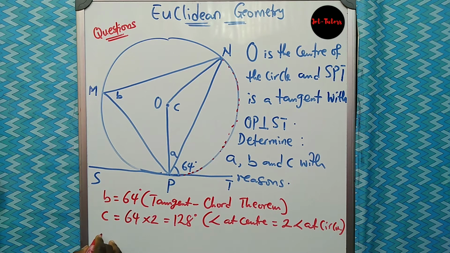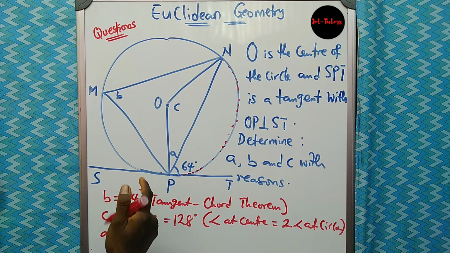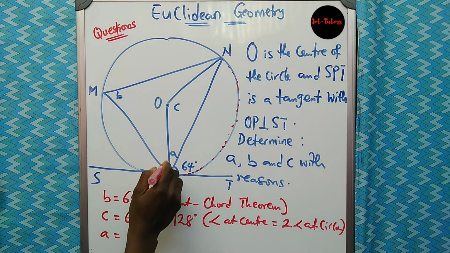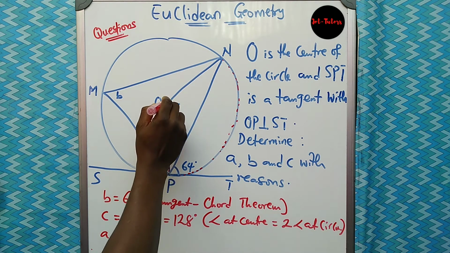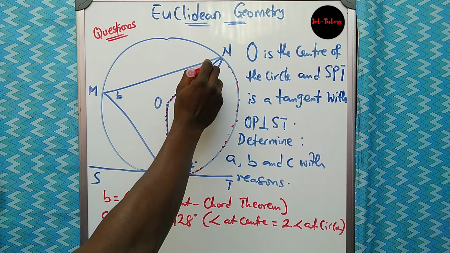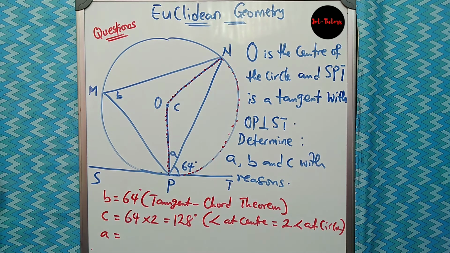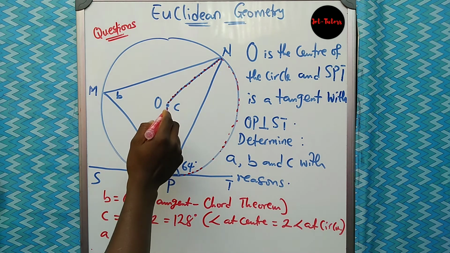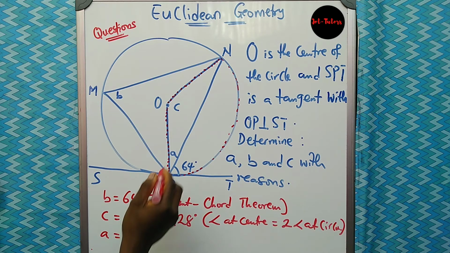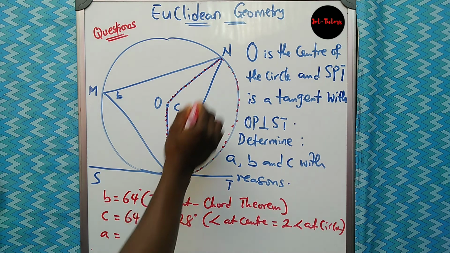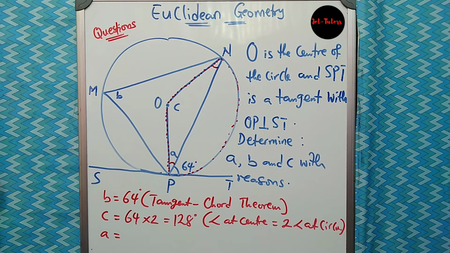Okay, now that takes us to A. If you look at this diagram, A is actually subtended by the same radius. Can we see it on the dotted line? If we have the same radius, definitely my triangle PON is going to be an isosceles triangle. My C, I've already gotten it to be 128. That means the two base angles must be equal.